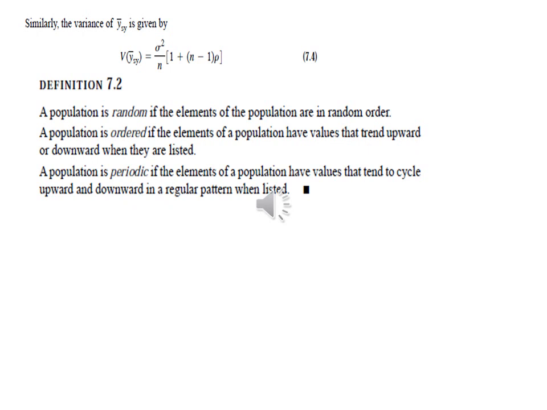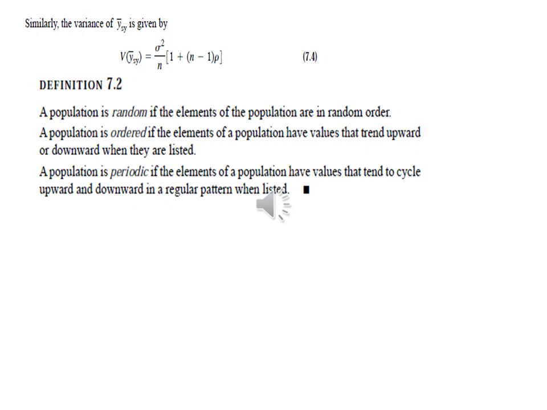Now, important definition 7.2. A population is random if the elements of the population are in random order. A population is ordered if the elements of the population have values that trend upward or downward when they are listed.